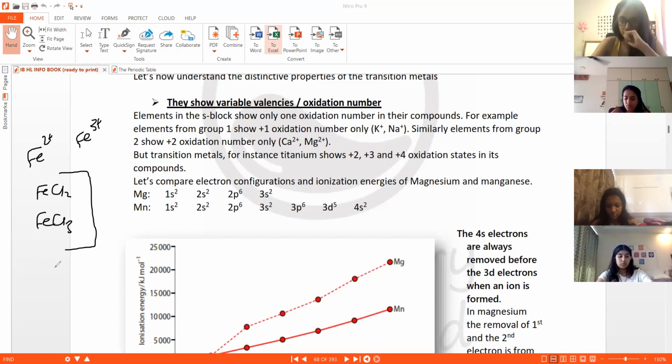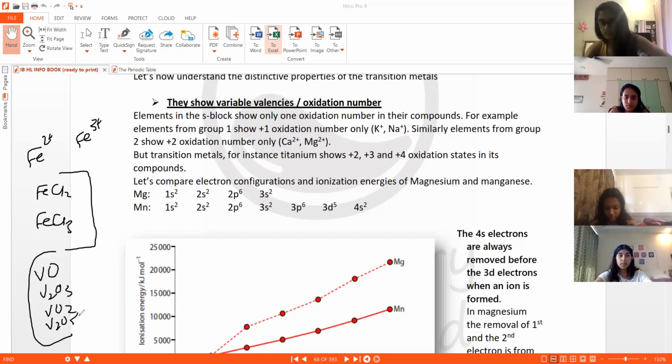The vanadium oxide formula can be VO, V2O3, VO2, V2O5. These are the various oxides of vanadium which exist. That means vanadium also shows variable valency. But zinc chloride is only ZnCl2, and zinc oxide is only ZnO, that's it.